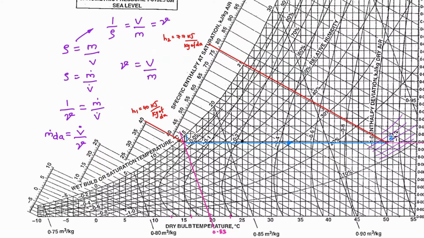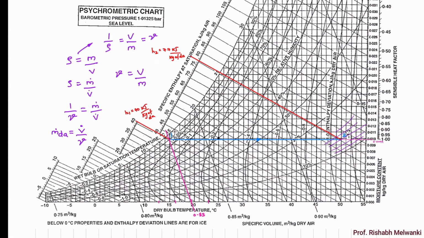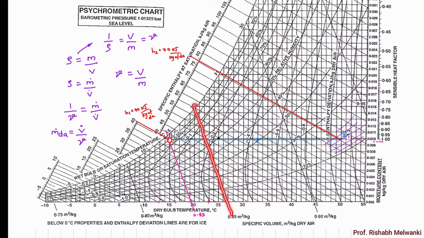That can be read from psychrometric chart. So here you can see these lines. Observe these lines. This is 0.75 meter cube per kg. This is 0.8 meter cube per kg. This is 0.85 meter cube per kg. Then this one 0.9 and this one is 0.95. So what you need to do, point 1 is over here. Keep roller scale on this line, and draw parallel from point 1.